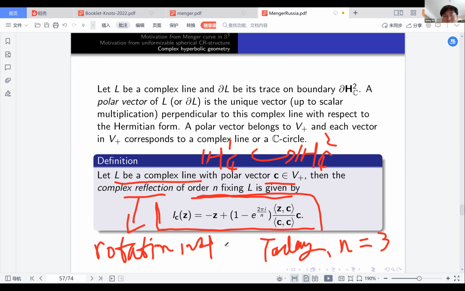It is a rotation along a two-dimensional space, HC1 in HC2. So topologically, it is a rotation. Okay, so we have the definition of complex reflection of order n. Today we just consider the case of n equal to 3, and then we consider the representation of Granier.